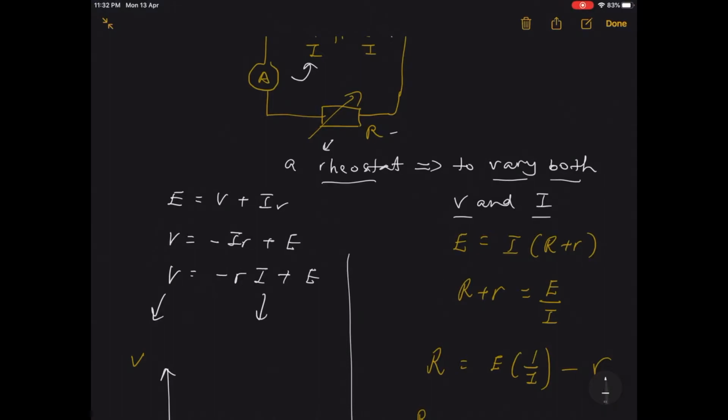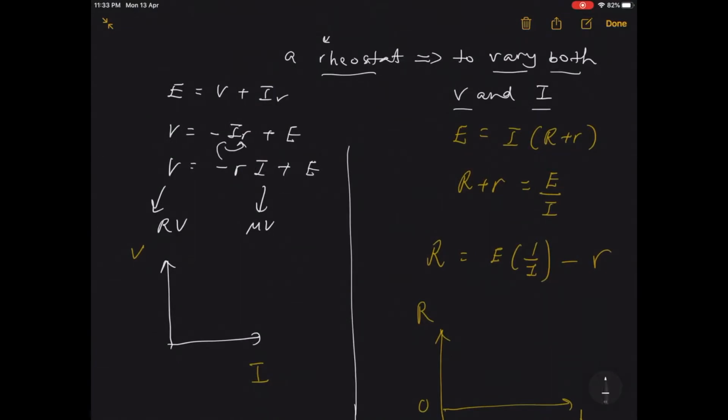You rearrange, you will get V as a subject equals to minus Ir plus E. You rearrange, put down V equals to minus rI plus E. Why? Because the I is a variable and V is a variable, whereas r is fixed. Internal resistance is fixed. This one is called the manipulated variable, and this is a responding variable.